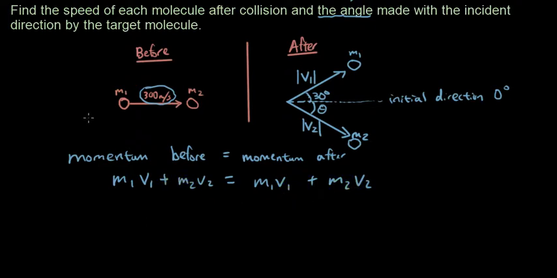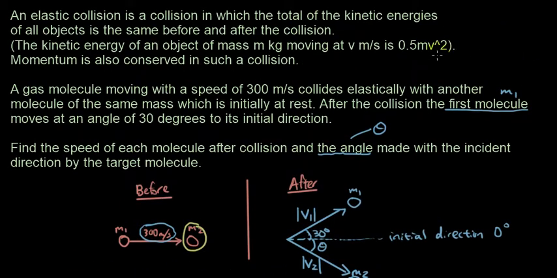Okay, so in m2v2, we know v2 is 0 because mass 2 is not moving. It says in the question that the molecule collides with another molecule of the same mass, which is initially at rest.